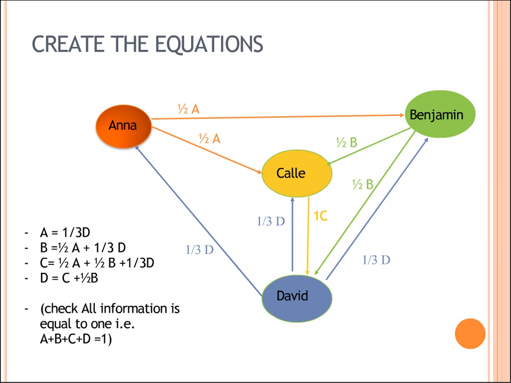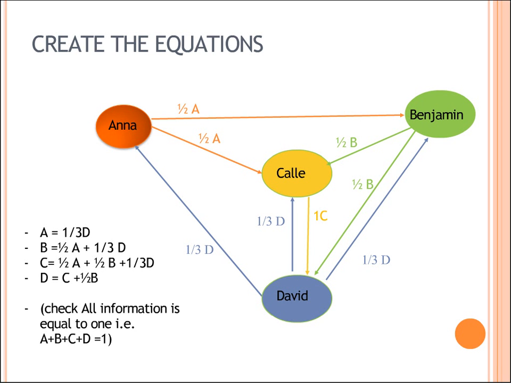And if you go to Kalle, Kalle has three arrows coming in, half of Anna, half of Benjamin, and 1/3 of D. And then finally, David has two arrows coming in. Kalle is pointing to David, and half of Benjamin's power is pointing to David.